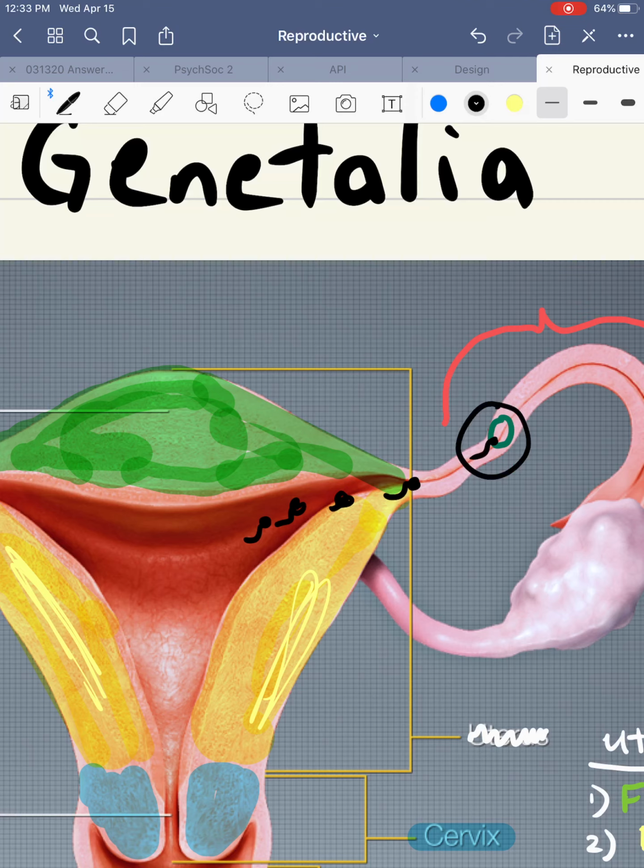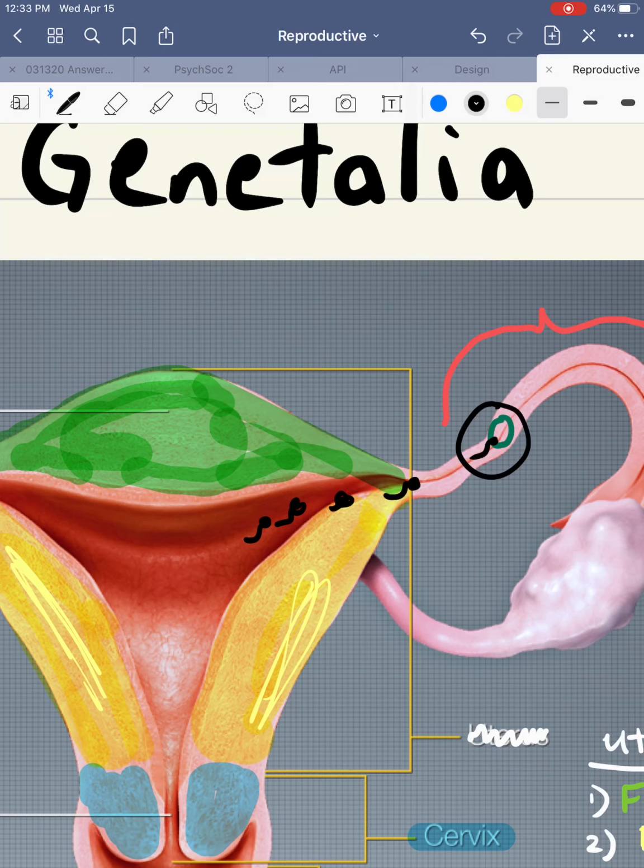Now, don't get that confused with implantation, because once the sperm fertilizes the egg over here at the fallopian tube, this fertilized egg, called a zygote, eventually becomes what you call a blastocyst after development.